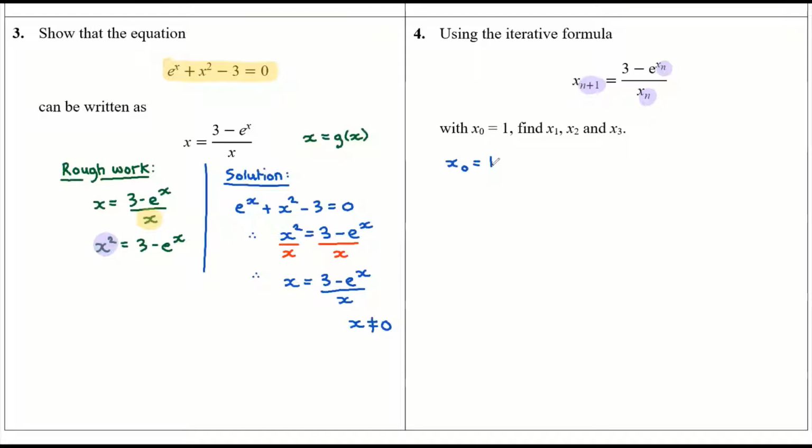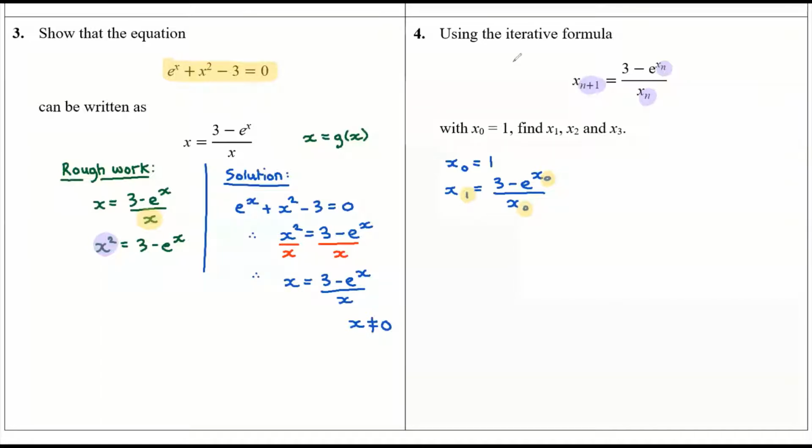So x1, according to my iterative formula, would be equal to 3 subtract e to the power of x naught over x naught. And just once again, just to be clear, the subscript on the right hand side is 1 less than the subscript on the left hand side.